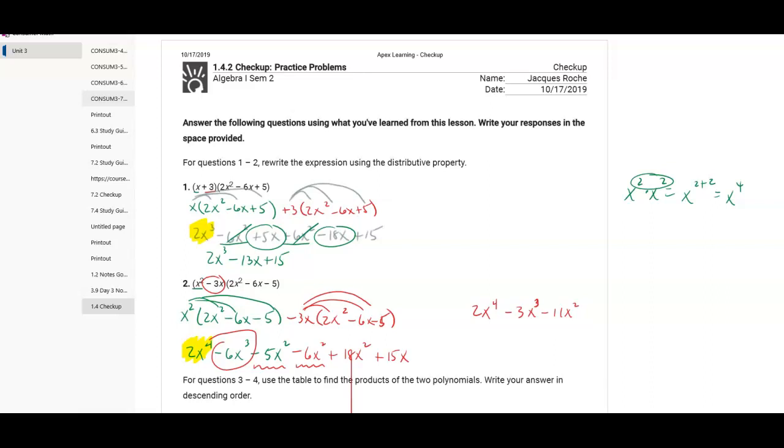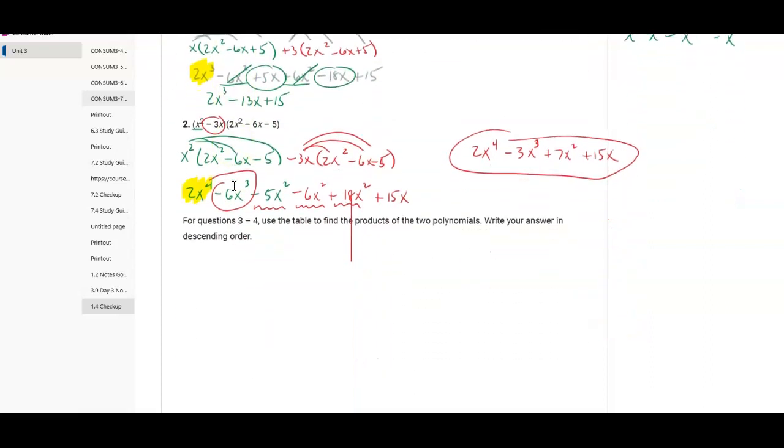Then I have the plus 18x squared. So you would get negative 11 plus 18, which is going to be plus 7x squared. And then plus the 15x, because there's no other x terms. And this is what we would get. Okay, so remember, distribute, combine like terms.